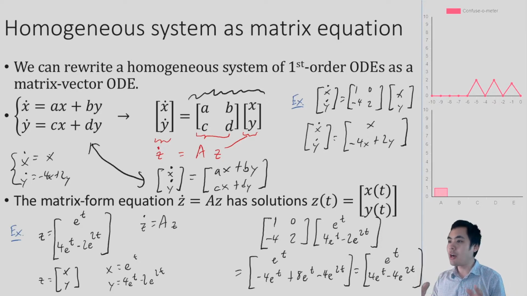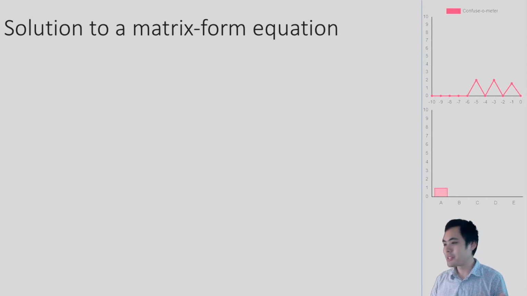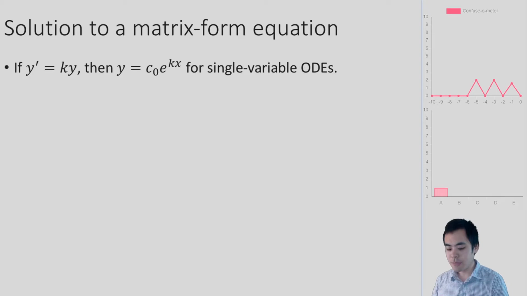Okay, so let's go on and actually talk a little bit about how we solve these matrix form equations. Maybe I got this in the wrong order, so I apologize about that. There is a way of solving matrix form equations, and to explain this method, let me go back to single variable ODEs. Suppose that y prime is equal to ky.